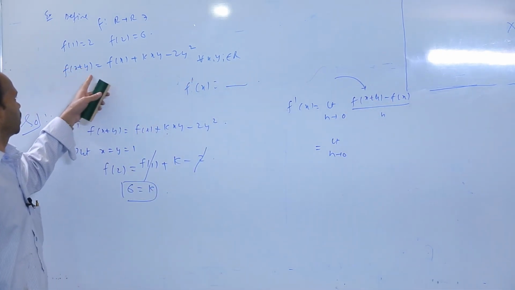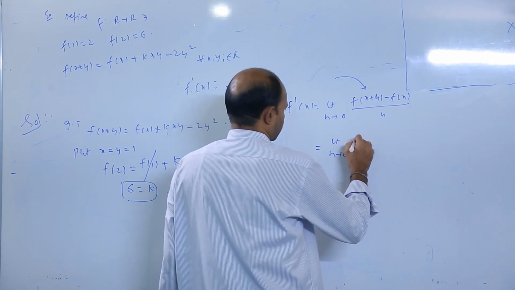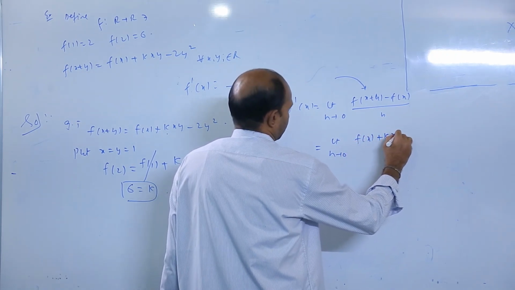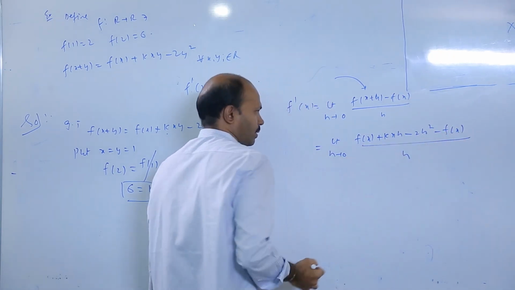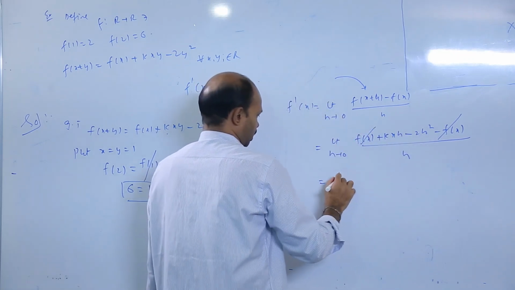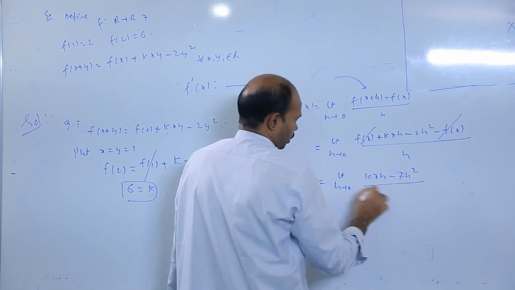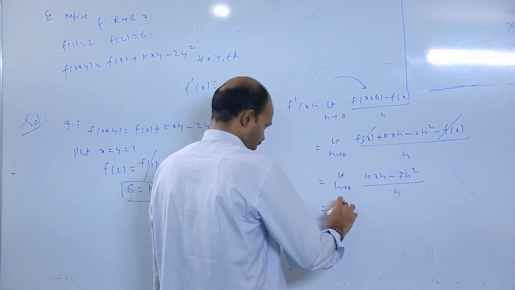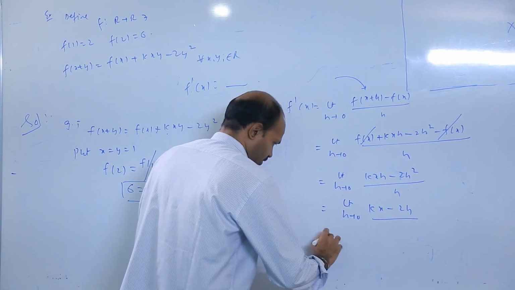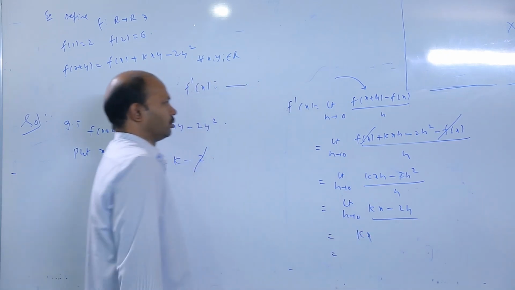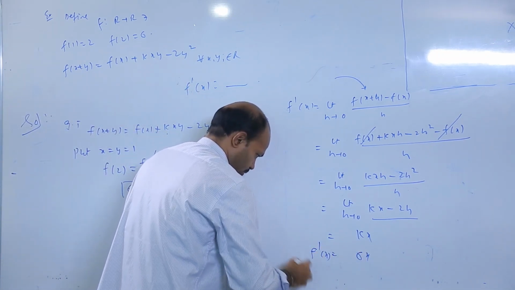According to the given data, f of x plus kxh minus 2h square, keeping this f of x as usual, divided by h. See some cancellation. This is limit h tends to 0, kxh minus 2h square divided by h. Cancel the common h. Limit h tends to 0, kx minus 2h, and apply h is 0. This is kx. But we have already found the value of k. Apply it. Then your answer for f dash of x is 6x.